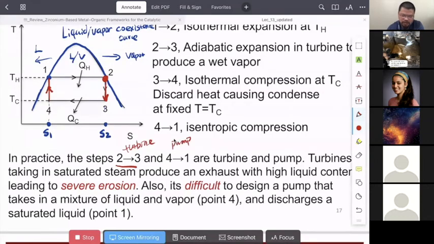If we look at the turbine, those blades are usually made of metal components. Then if we are going to deal with state 3 over here, we are going to have a significant amount of vapor and liquid, especially liquid. Then we realize that the erosion would be quite bad.